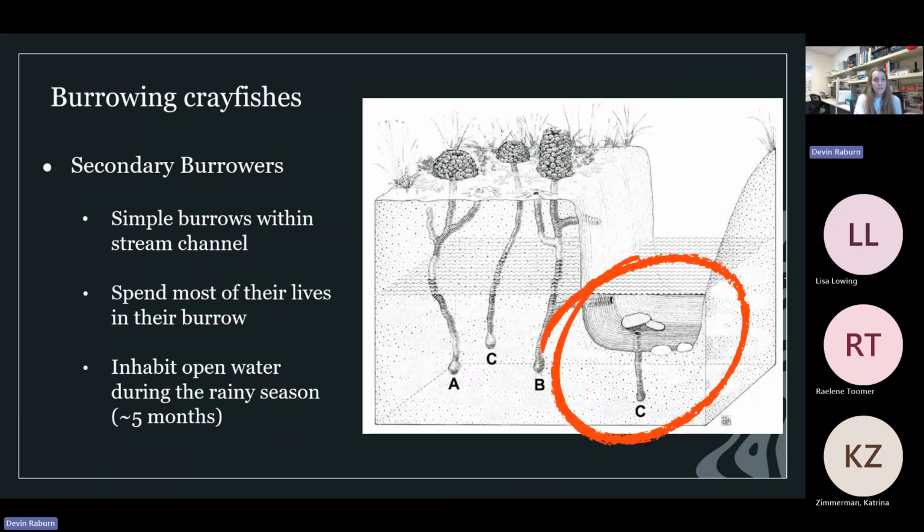And they spend most of their lives in this burrow, but they often inhabit open water during the rainy season, which in Mississippi is around 9 months. And so that's why they're able to persist in these habitats that dry up temporarily. And they come out in the open water too to forage and breed and things like that.